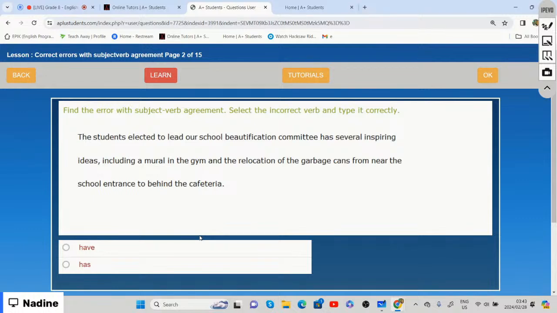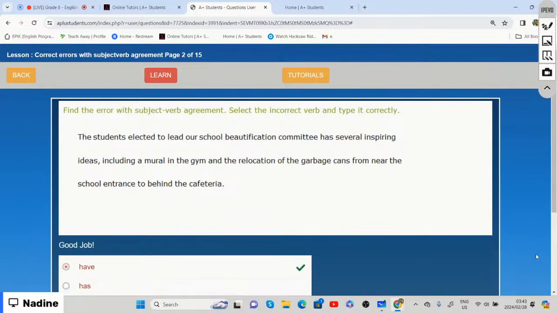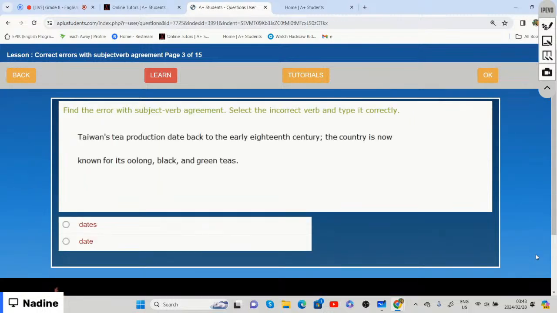So we say the students elected to lead our school beautification committee have inspiring ideas. They have inspiring ideas.